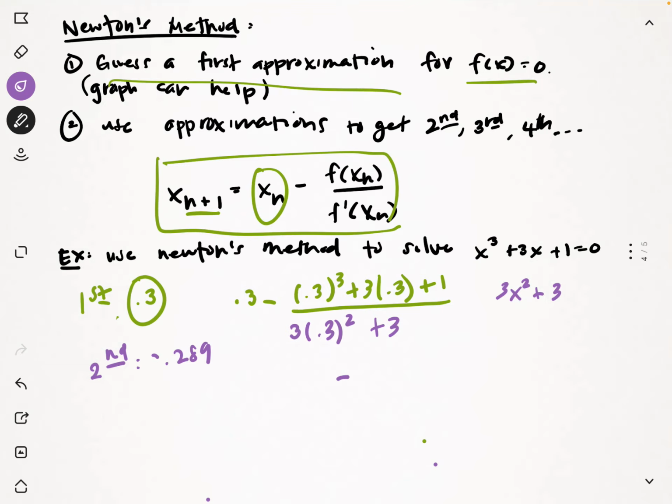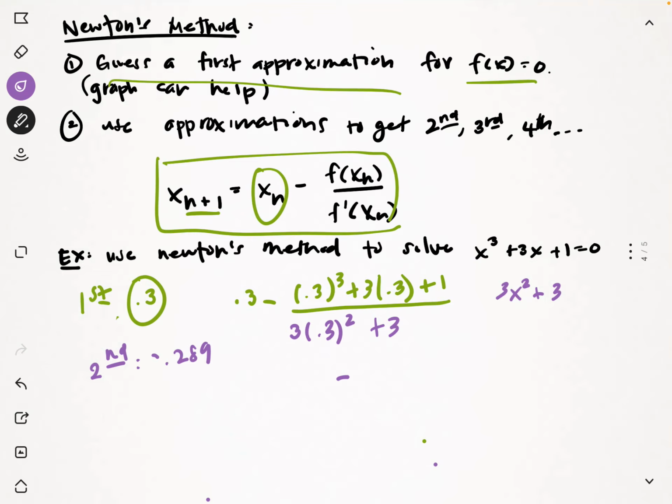Is that math correct? Oh shoots. Oh no, that's right, times 3 plus 1 plus 3. Okay, everything looks good there.